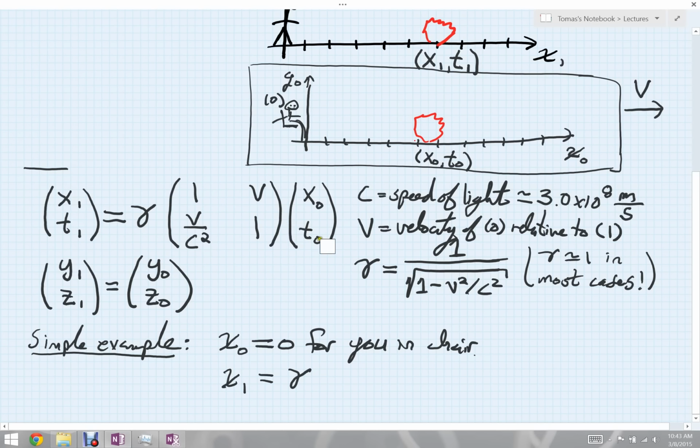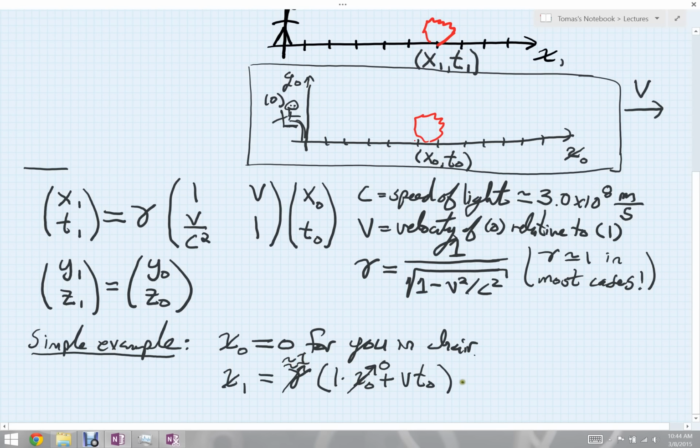And then the row times column gives me 1 times x0. So I have my factor of gamma I factored out. There's 1 times x0 plus the next term, this v times t0. But of course, x0 is actually 0 in this particular example, and gamma is very close to 1.